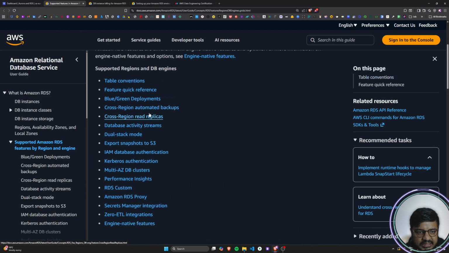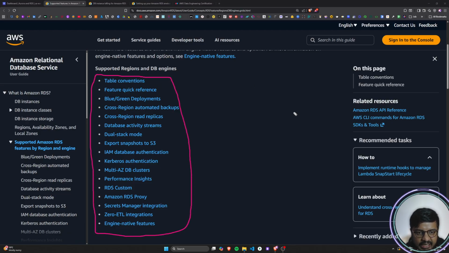So these are all the features, right? These are the list of features that are supported by RDS, right? And whether or not our instance will support these features will depend on the deployment region.